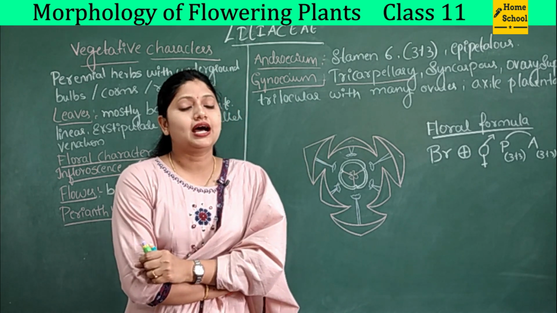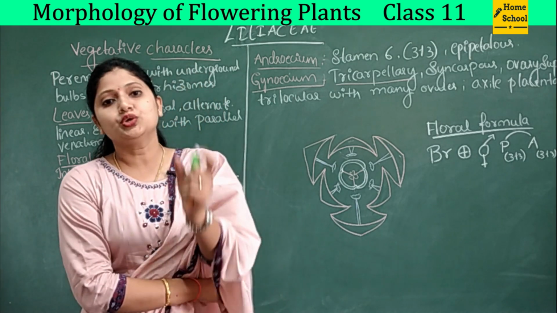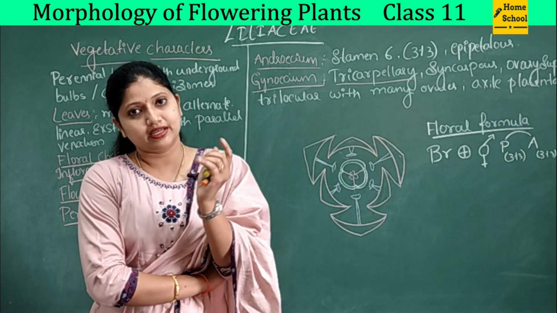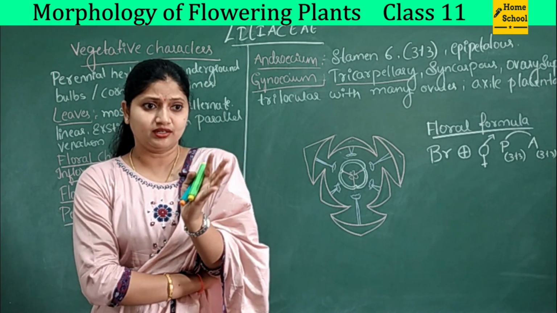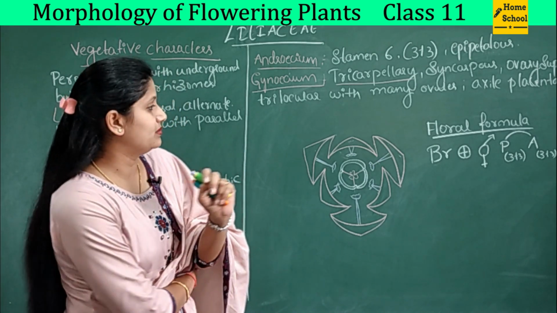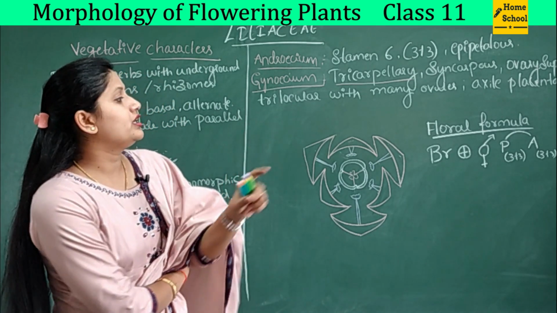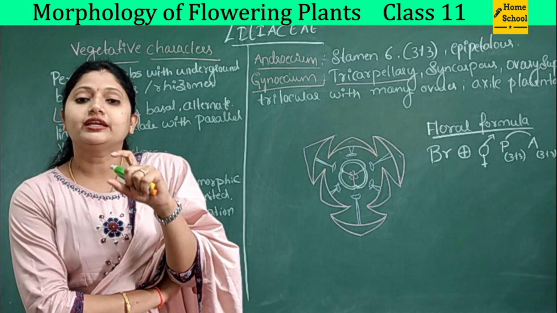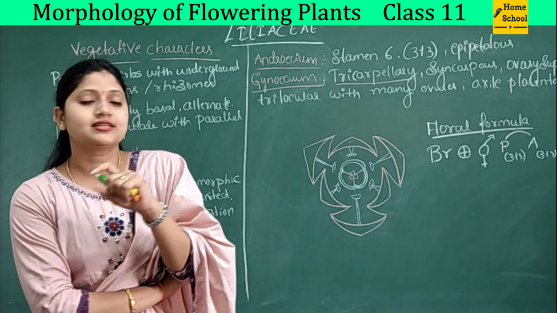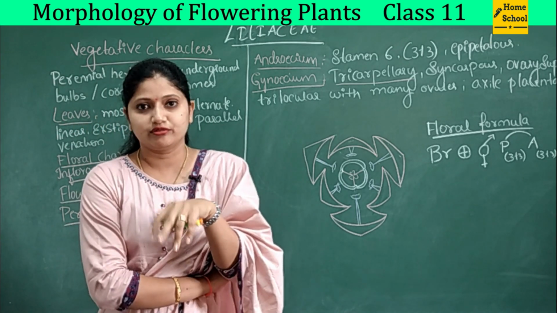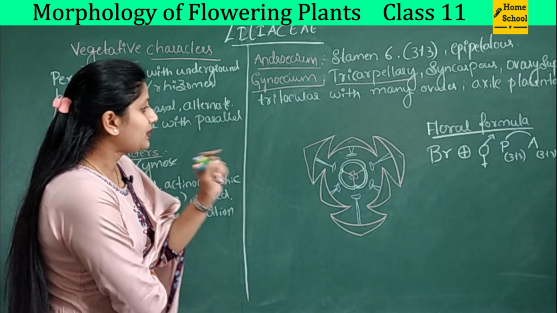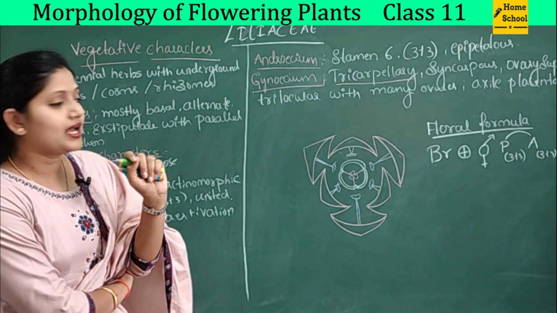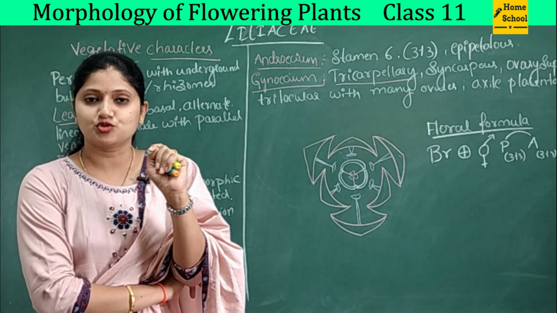They can just give a couple of symbols and ask you to write the description of that particular symbol. Or they can give you a floral formula and some characteristics and ask you to match them. Fine. So practice these formulas as well as the floral diagrams properly.